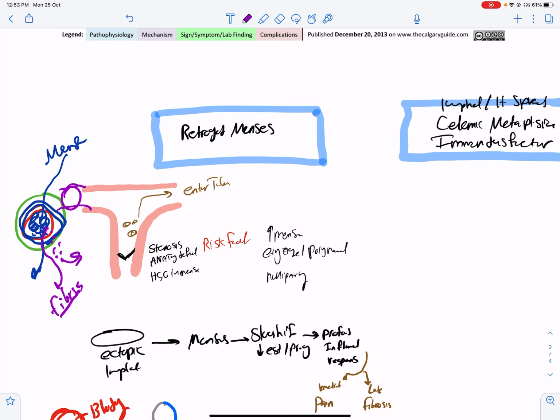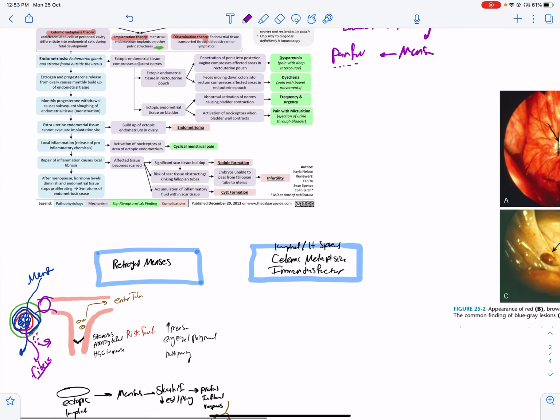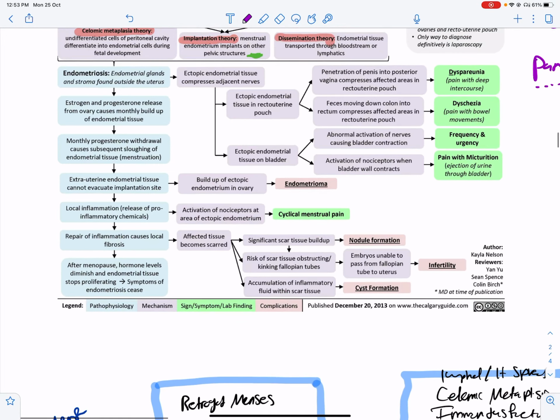It depends on the location of the ectopic endometrial cells. So if you see here, the extra cells found in the ovary will cause endometrioma, and they will cause cyclic menses pain, and then you will have the other areas if they go to the tube or they go to the rectovaginal pouch, and all of this will depend on the location.